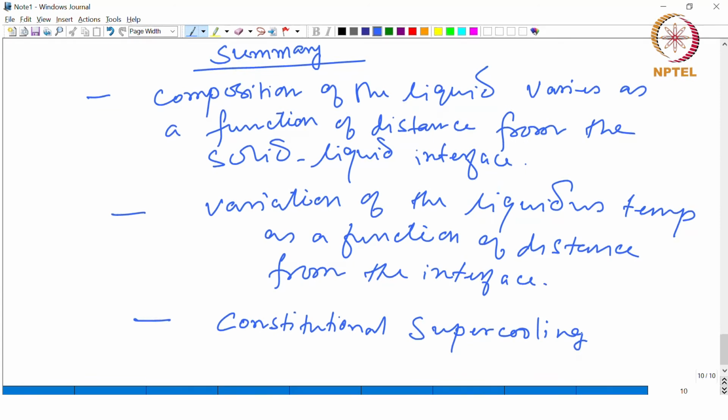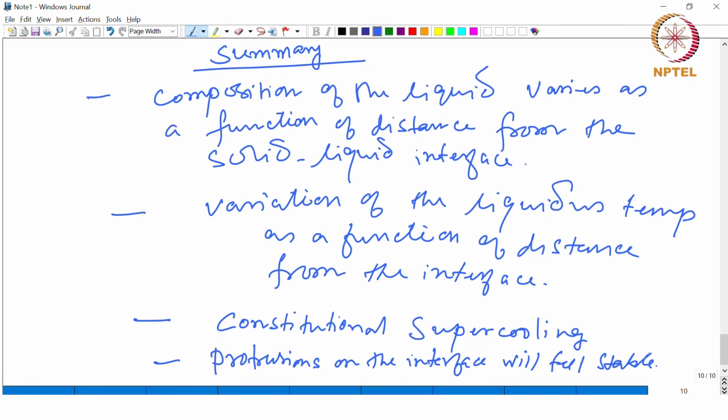And as a result of this, any protrusions which develop in the interface will feel stable, and thus grow into a dendrite.